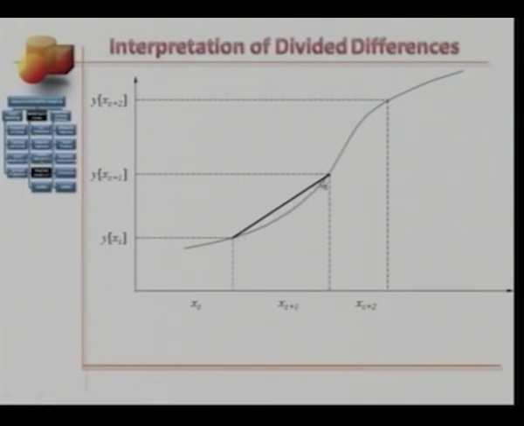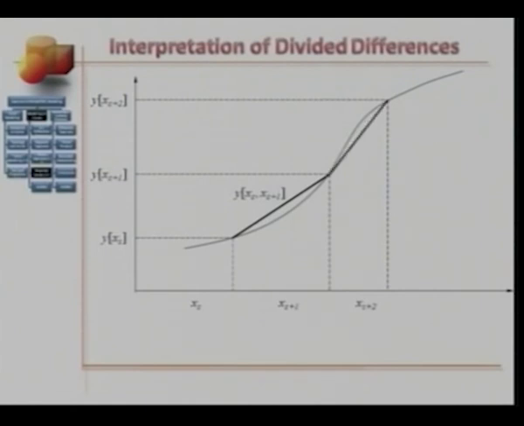This line will represent the slope, in the discrete sense, of course. And the slope will be equal to ys plus 1 minus ys over xs plus 1 minus xs, which is the first divided difference using these 2 points. So the first divided difference will represent the local slope. Again, as you would see, this is denoted by y of xs, xs plus 1.